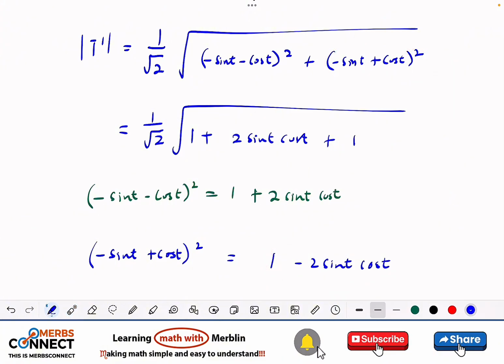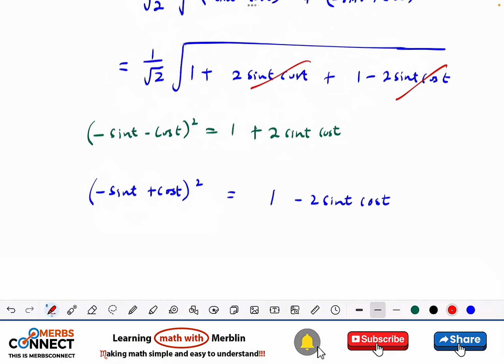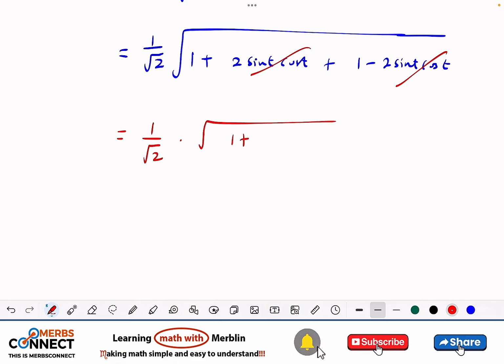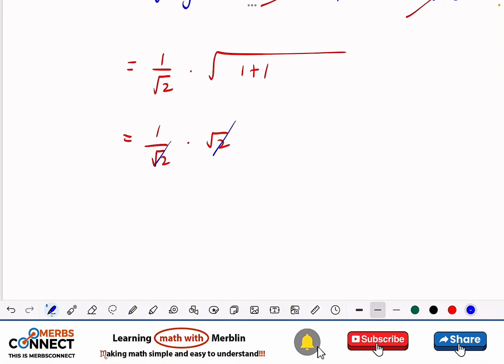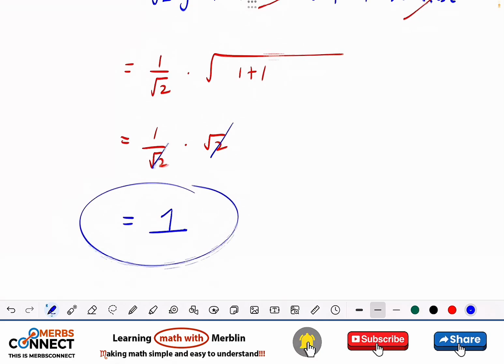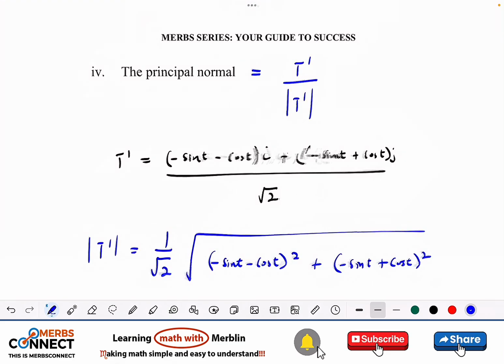So I'm going to have plus 1 minus 2 sine t cos t. And then the magic happens. This will cancel that. So we don't need this one again. So this will be equal to 1 divided by square root of 2 times square root of, now this will be 1 plus 1, so 1 over square root of 2 times square root of 2. Wow. And this is going to give us a big 1. So this is what you are going to get for the principal normal.